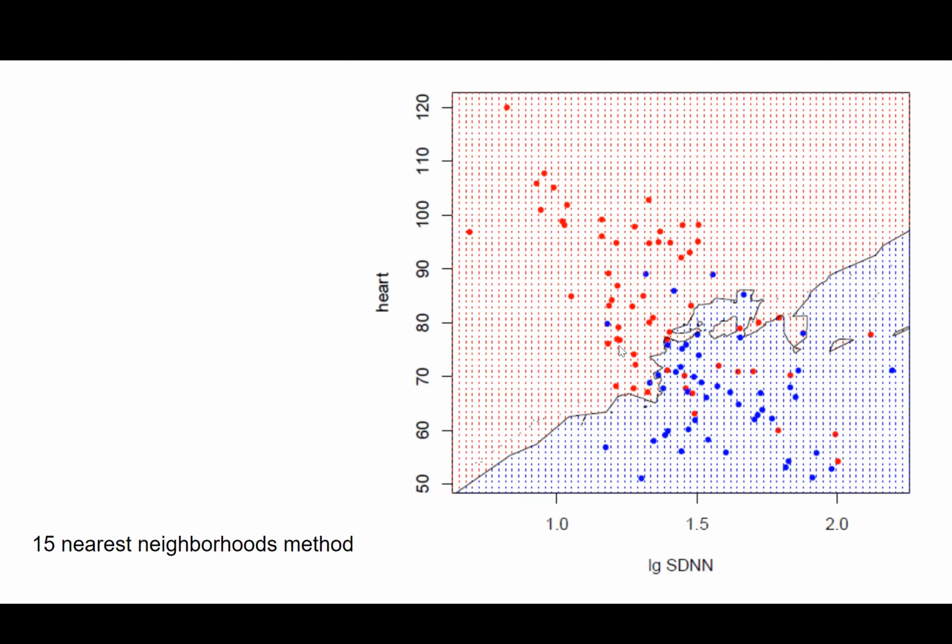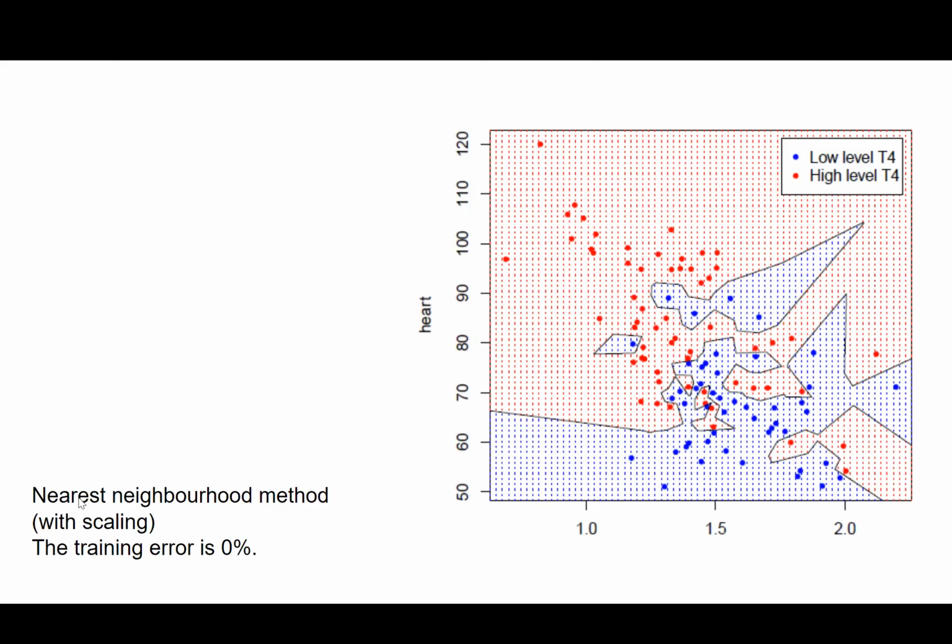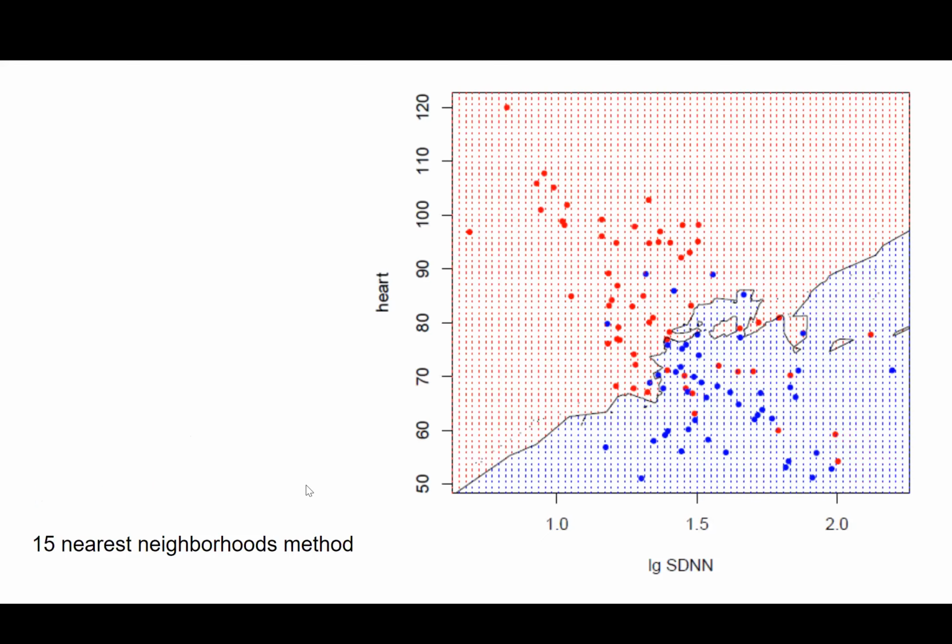Here we have the result of other methods, k nearest neighbors methods. The difference from one nearest neighbor methods is that here we have k nearest neighbors. Here we have 15 nearest neighbors.